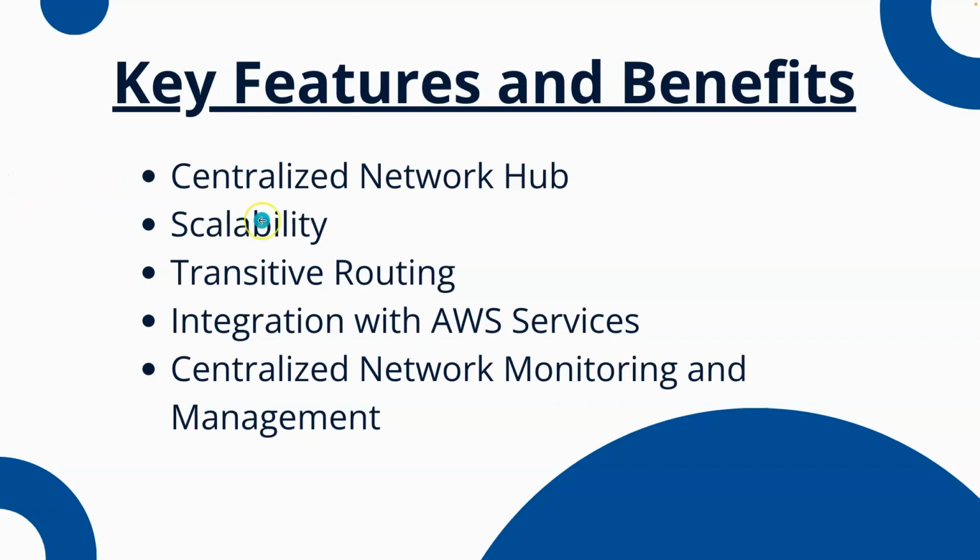The first one is centralized network hub. AWS Transit Gateway serves as a centralized point for managing connectivity across multiple VPCs and on-premises networks, and thus streamlining your network administration and reducing network complexities.